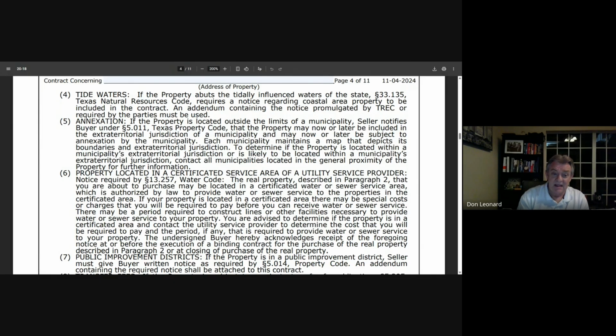That's the warning. The other addendum talks about if your property adjoins a body of water that is affected by tides, so that could be the Gulf, could be the Bay system, certain rivers, bayous, creeks that run into either the Bay system or the Gulf, because they're affected by tides too. All it says is that if you own to the water's edge, then you can't really judge how much land you have by the edge of the water.